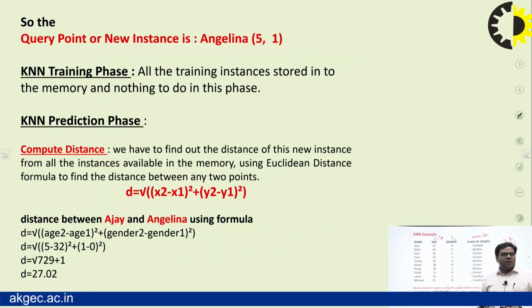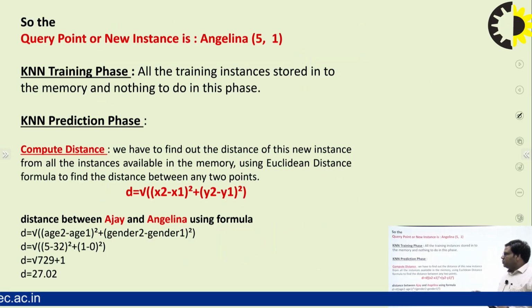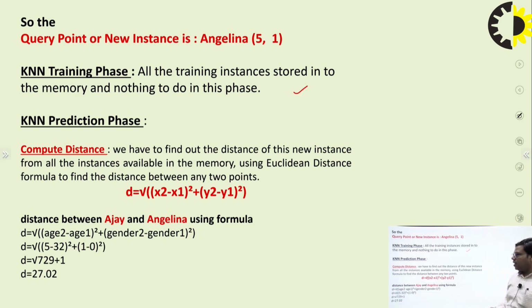In the training phase, the whole data set is simply stored in memory. Now we come directly to the prediction phase, because we have a new instance to be predicted. For that, we use the Euclidean distance.